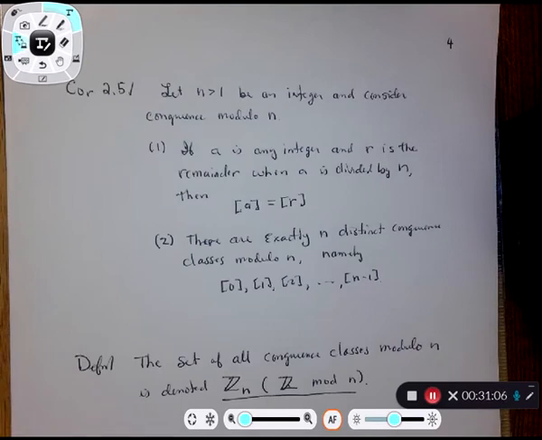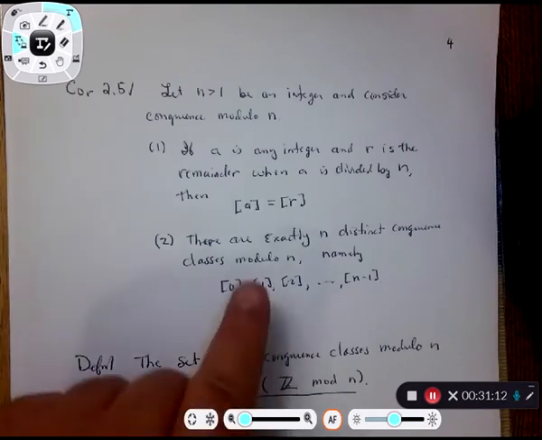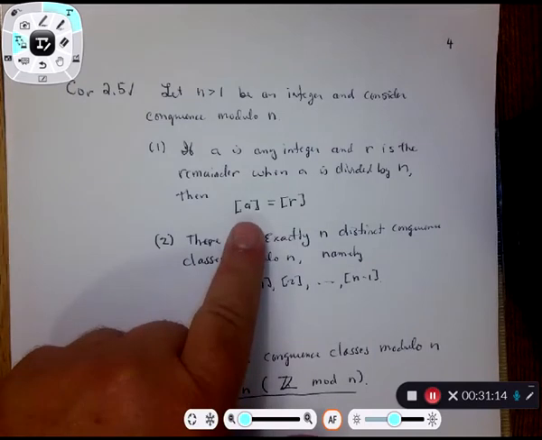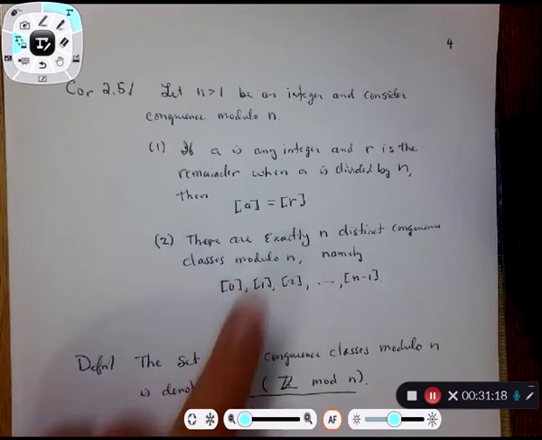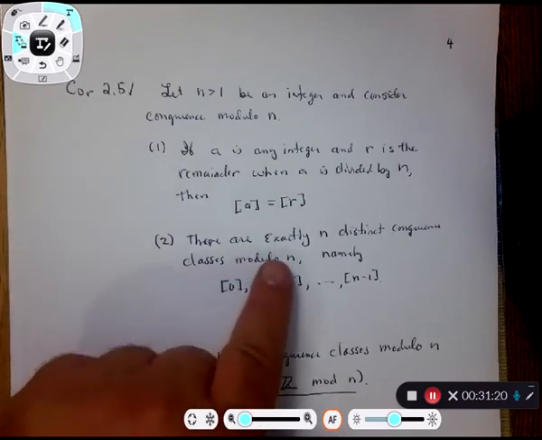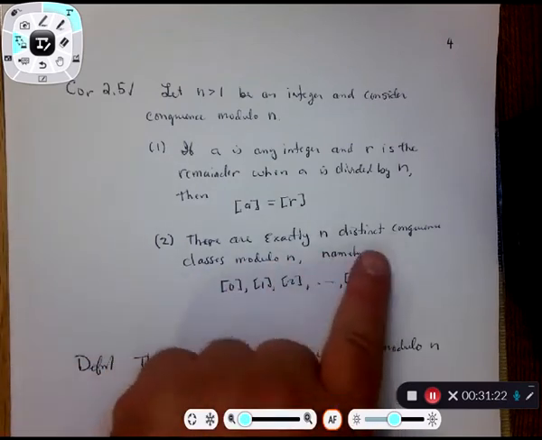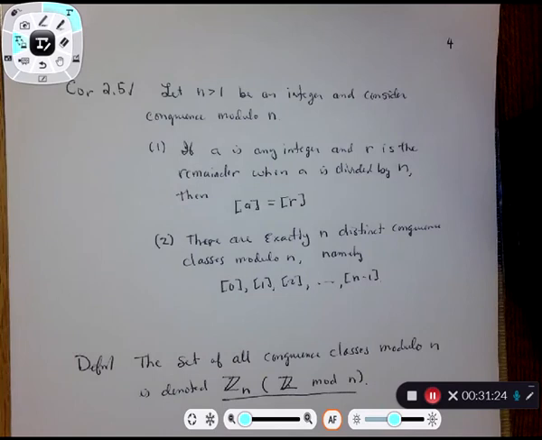If a is any integer and r is the remainder when a is divided by n, then here's the big deal: the equivalence class of a is equal to the equivalence class of the remainder r. And there are exactly n distinct congruence classes modulo n, namely 0, 1, 2, all the way up to n minus 1.